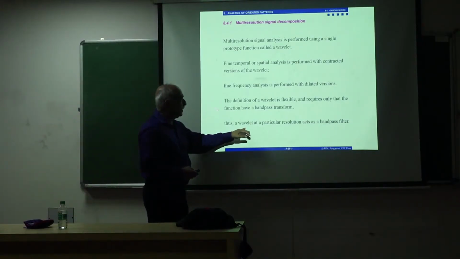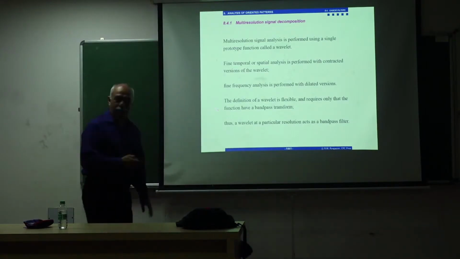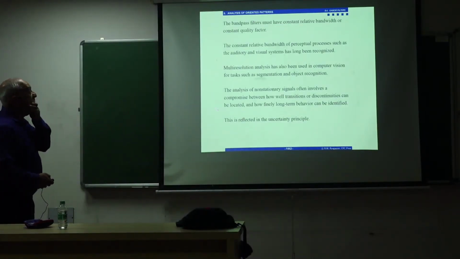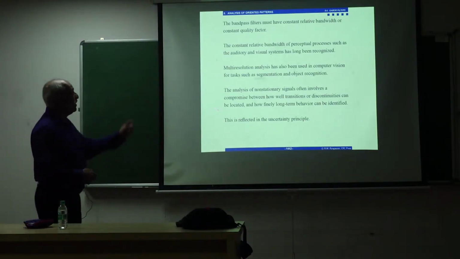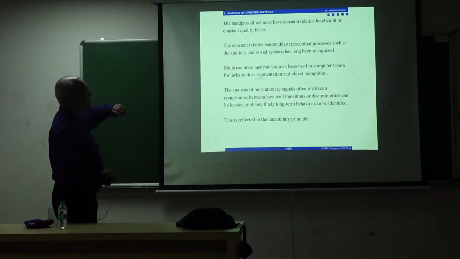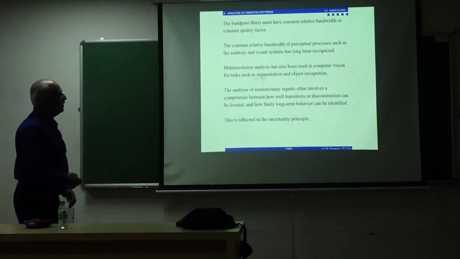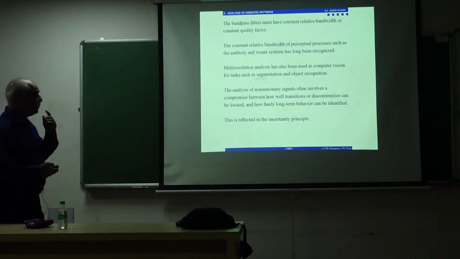So a wavelet at a particular resolution acts as a bandpass filter, including Gabor. The bandpass filters must have constant relative bandwidth or constant quality factor. This is important in auditory and visual systems.